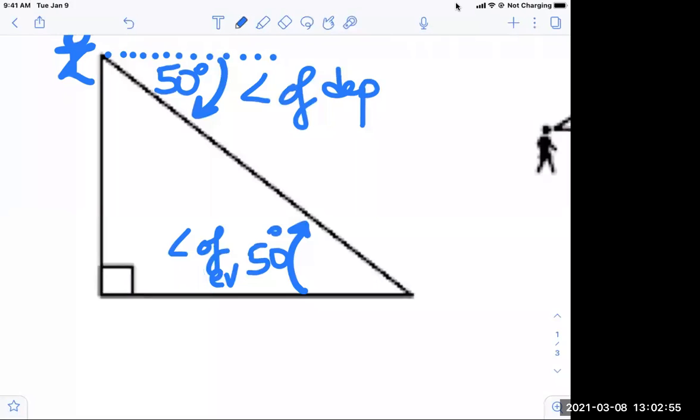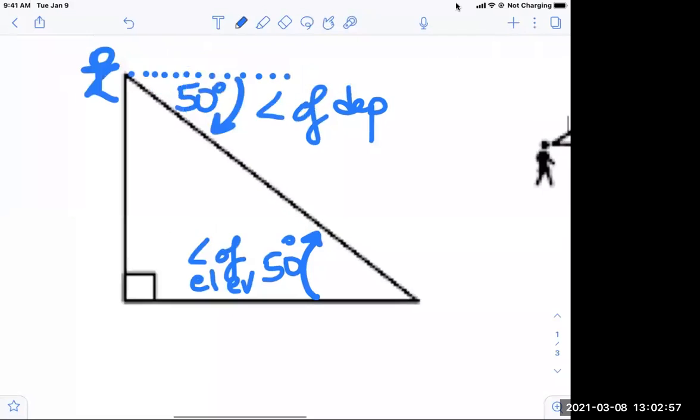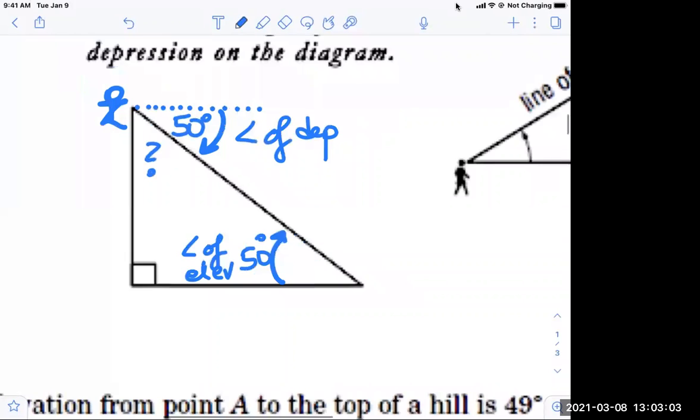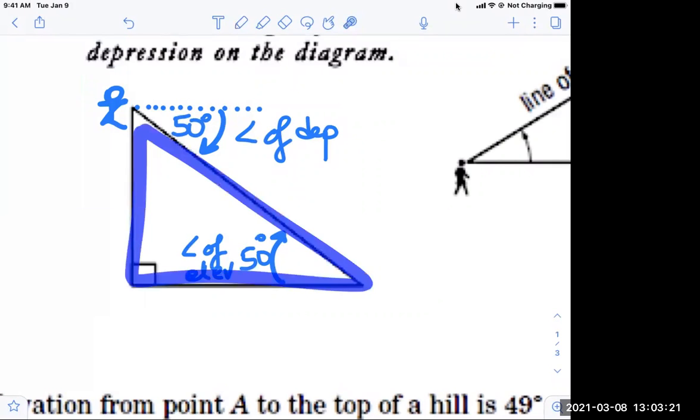What would be the measure of the angle inside of here? As someone who has not answered a question yet today. It would be 40. Why, Madeline? Because it's complementary to the angle of elevation. Right. So we know that in the triangle here, they have to add to 180, right?